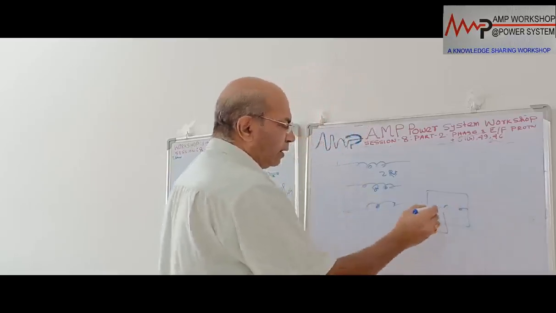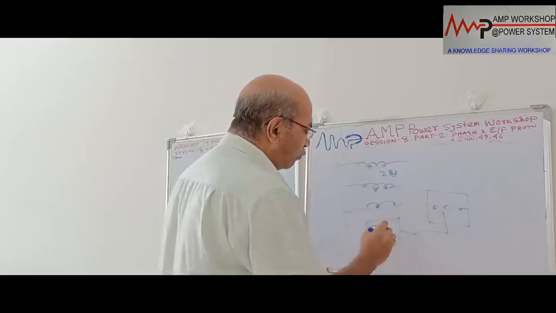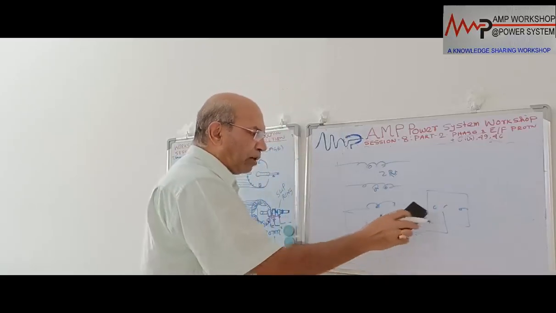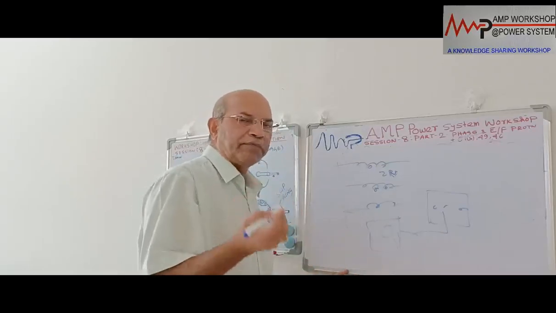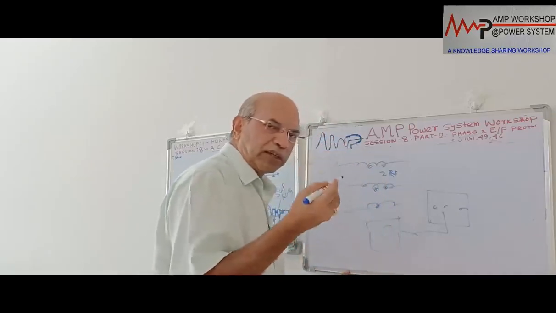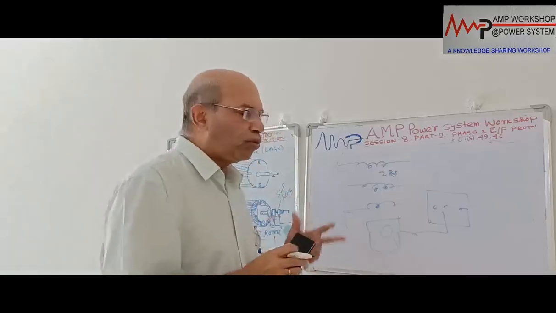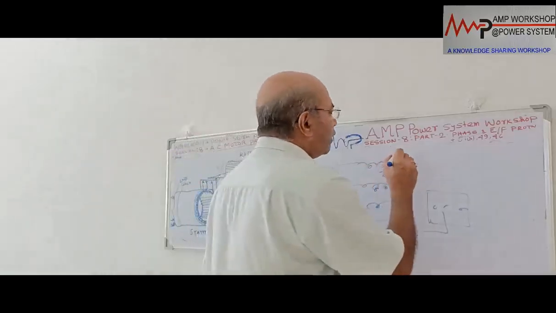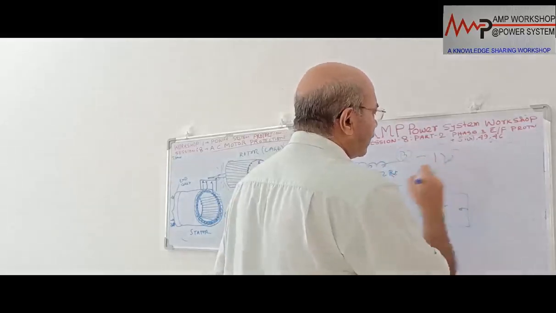From there we bring them to a Wheatstone bridge, because these are all resistance values. The Wheatstone bridge converts the resistance to a current, and that current can be calibrated in terms of temperature. When the temperature goes above the set value, it will immediately give a trip command, or we can give a two-stage setting. Suppose it is a B class insulation, which is rated up to 130 degrees.